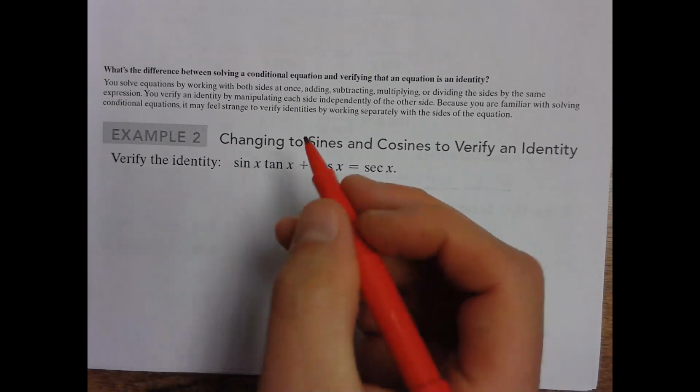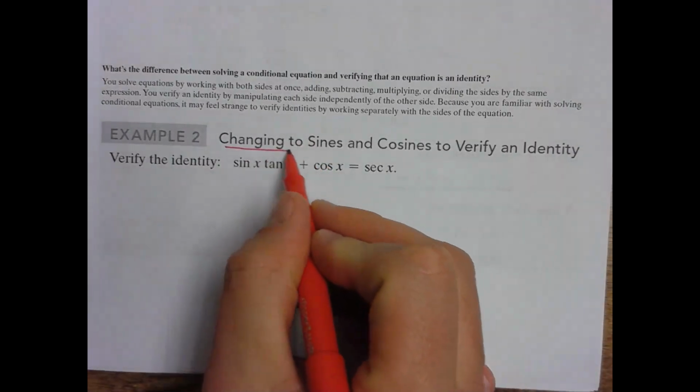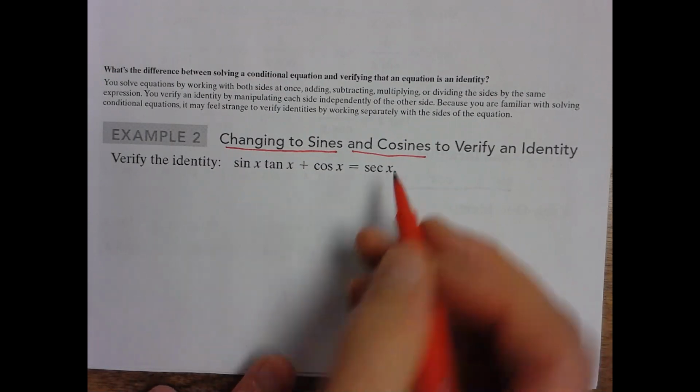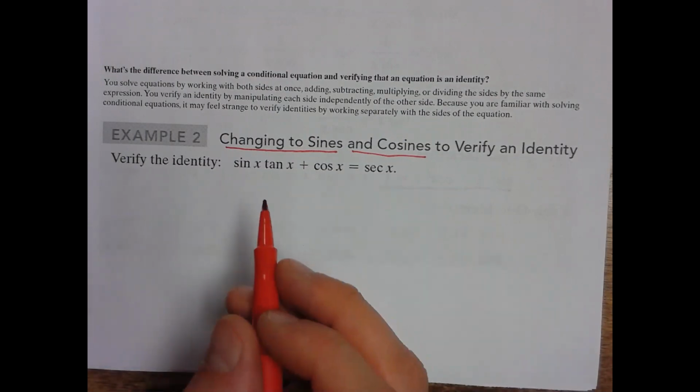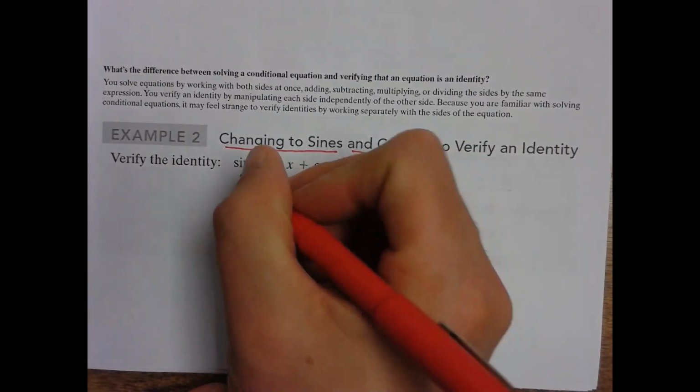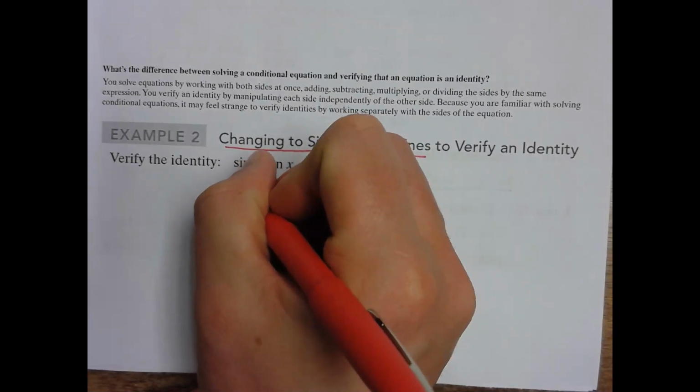So one good way to start is to change each trig function to be sines and cosines. Because we can get a lot of them to divide out, like we saw in the last one, that ends up working out really nicely a lot of the time. So I'm looking at this and I see I have sine of x times tangent of x. So I'm going to leave this sine of x as is.